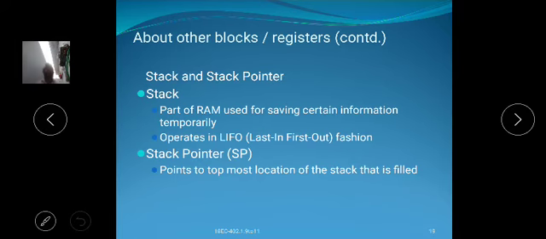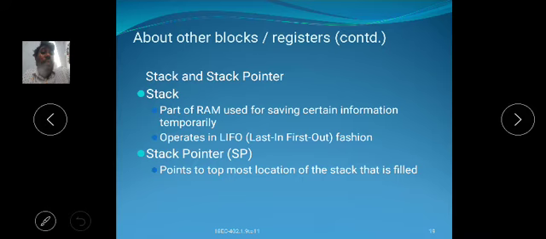The stack stores the data step by step, and removes the data in a last in first out manner. That means what comes in last into the stack is removed first from the stack.